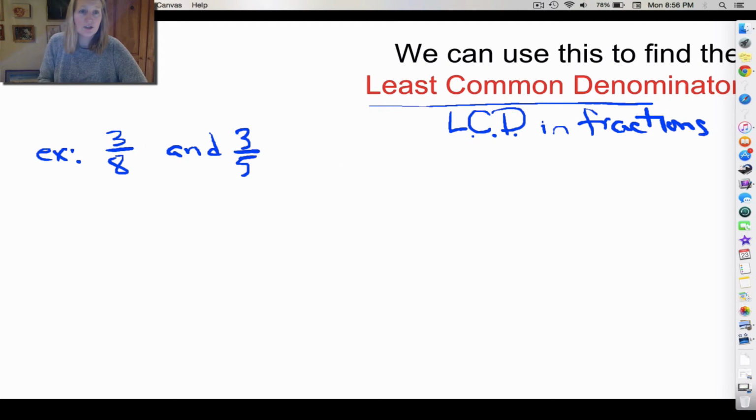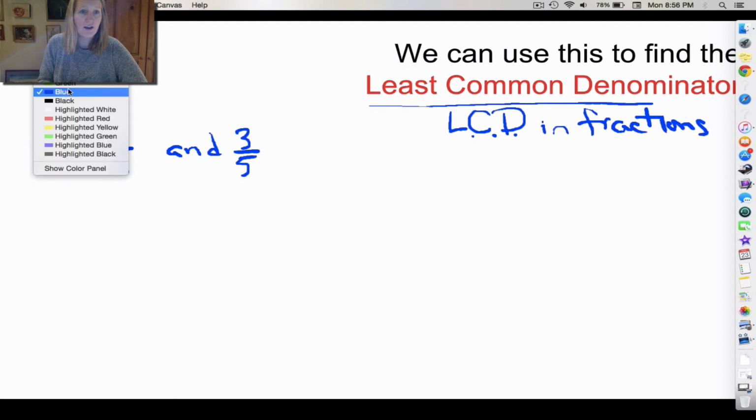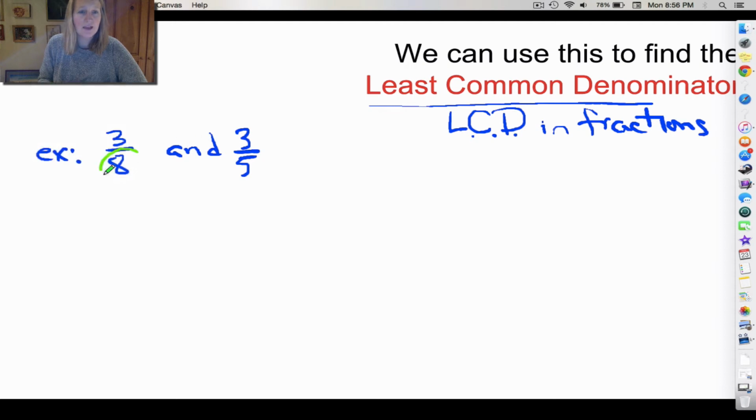All we're going to do is focus on the 8 and the 5. What is the least common multiple between 8 and 5? We can do it one of two ways.